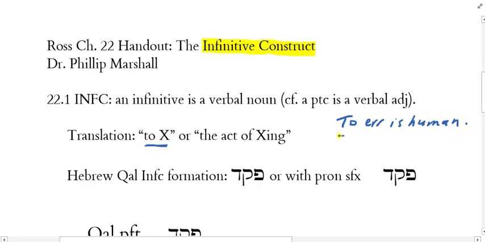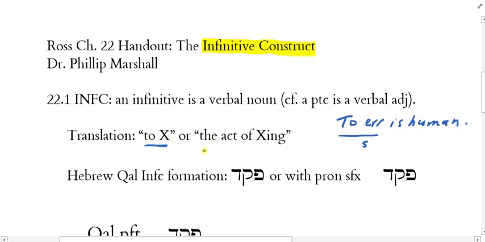"To err" is an infinitive, and it is taking the position of the subject slot in that sentence. Something is human. What is human? The verb to err is human. So we usually render the infinitive in English as "to" plus the verb.